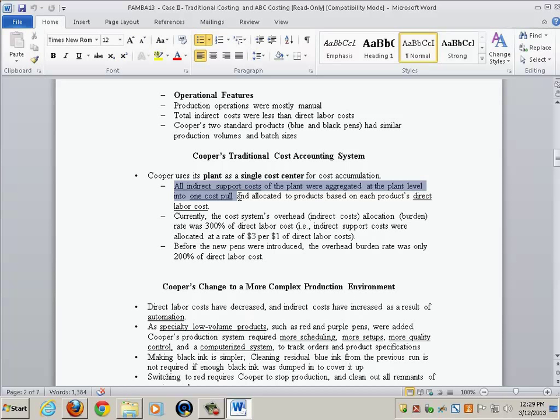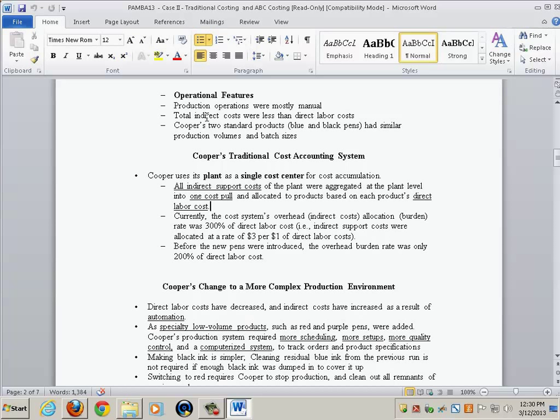Then from this cost pool it's allocated to the products, the different colors of pens, based on each product's direct labor cost. So you look at the direct labor cost of each product and you allocate all the indirect costs in direct proportion to it.